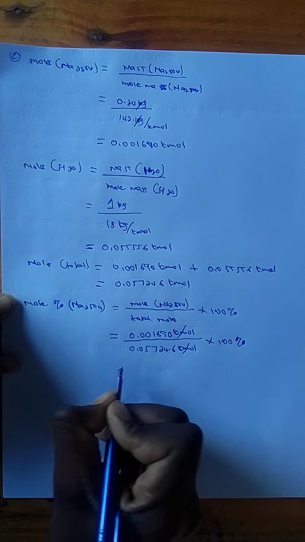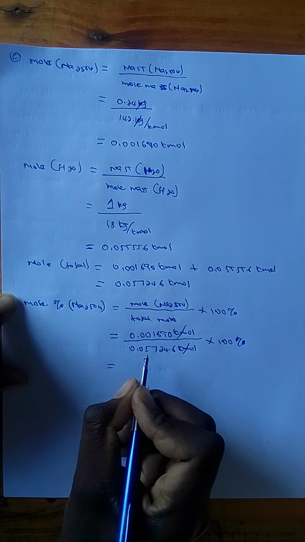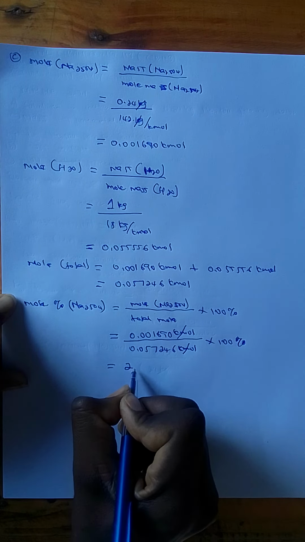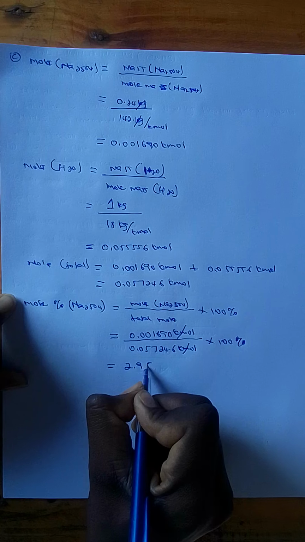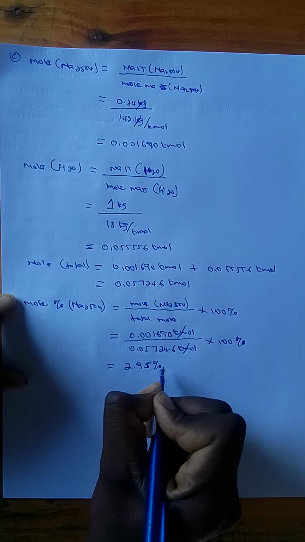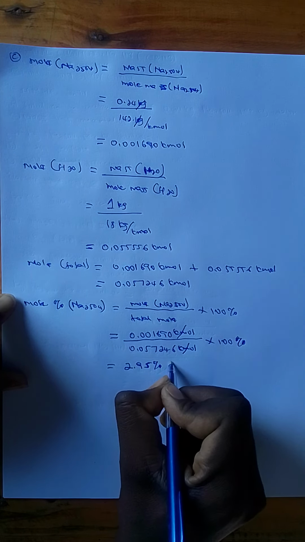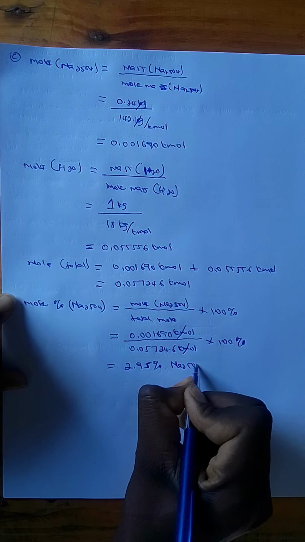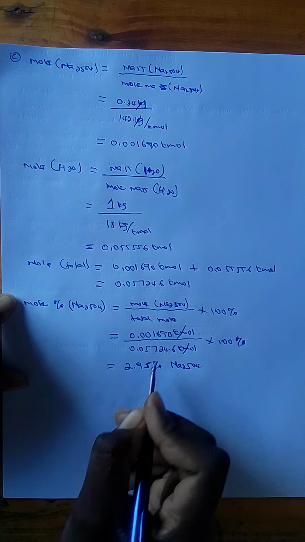Now the kilomoles fall off, and then you get 2.95% Na2SO4. So that is the percentage.